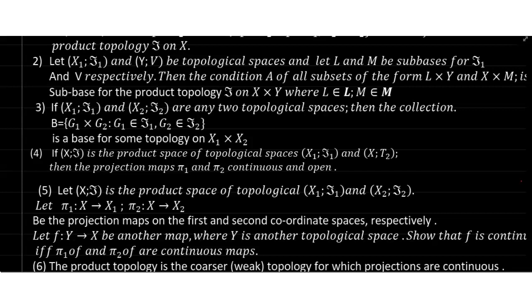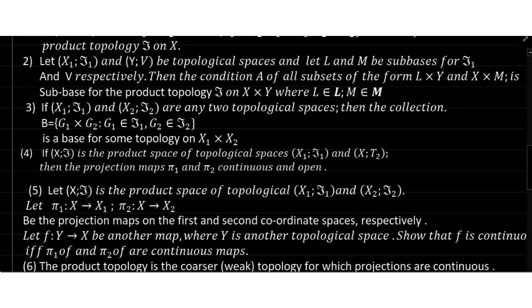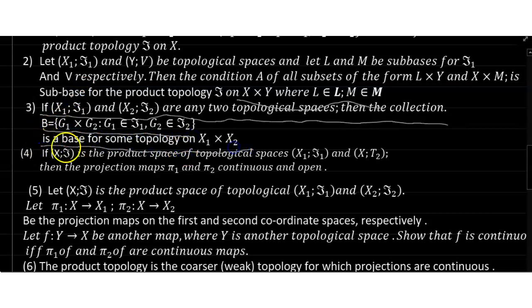Then the collection A of all subsets of the form L × Y and X × M is a subbase for the product topology tau on X × Y, where L belongs to L, M belongs to M. And if (X1, tau 1) and (X2, tau 2) are two topological spaces, then the collection B = {G1 × G2 : G1 belongs to tau 1 and G2 belongs to tau 2} is a base for some topology on X1 × X2.